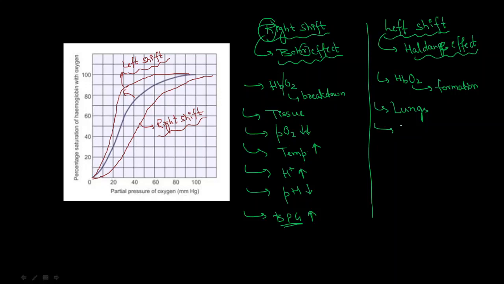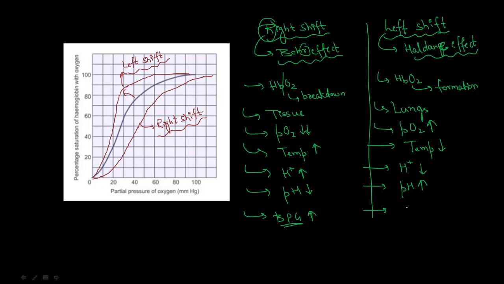This is going to happen when temperature is low. Opposite things will happen. Then the protons will be lessened in number. If the protons are less in number, the pH will be high, so the condition will be alkaline, not acidic.